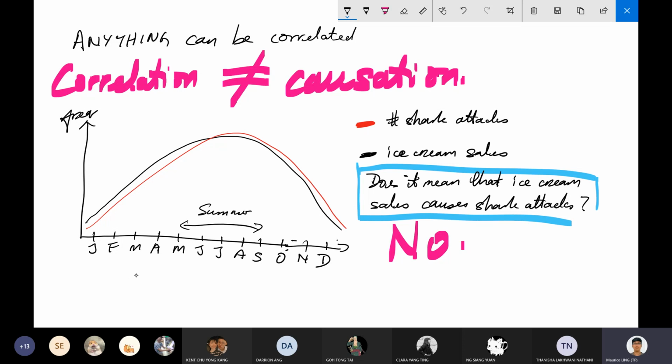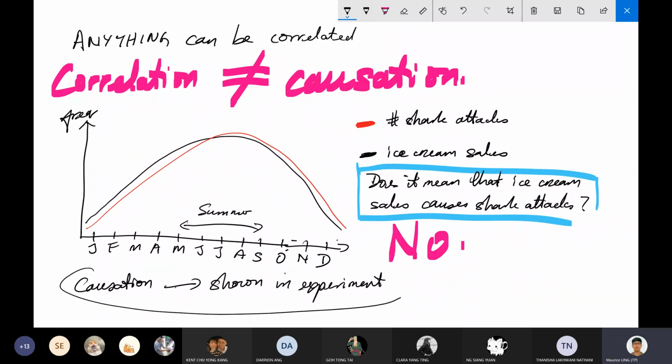Okay, so how about causation? Causation can only be shown in experiment, which means that when something is correlated, you try to see whether there is an underlying reason for the correlation.